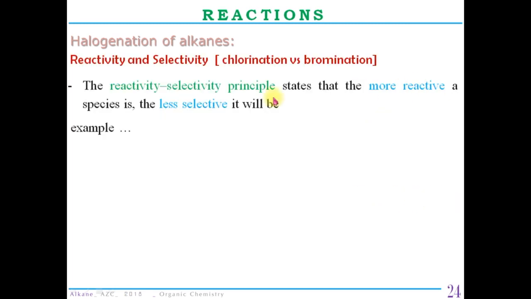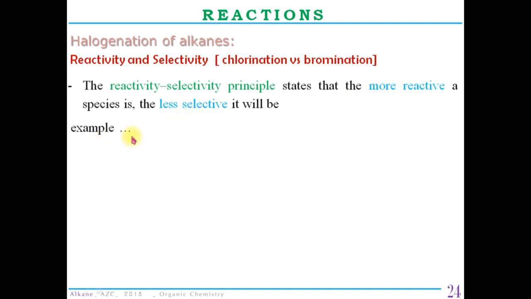The next part is reactivity and selectivity, or chlorination versus bromination in alkane. The reactivity selectivity principle statement is that the more reactive a species is, the less selective it will be. So any species, if it is more reactive, then it is less selective.